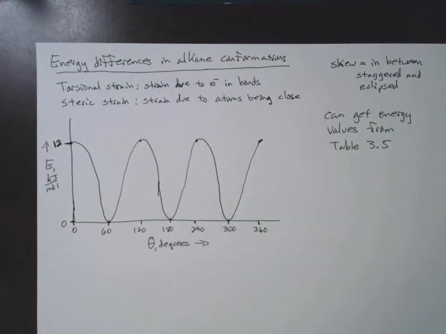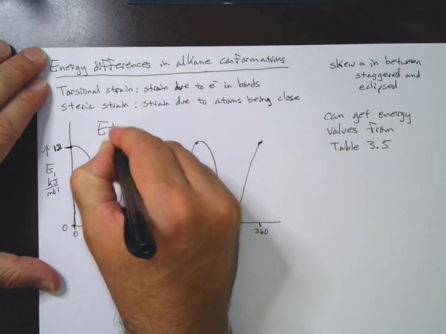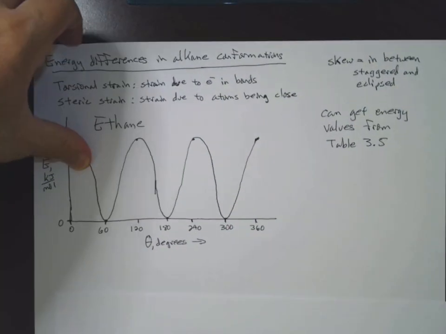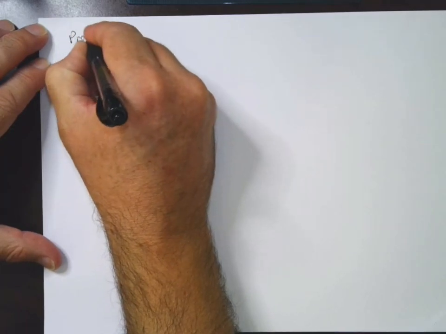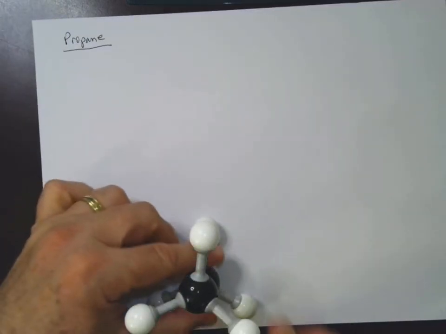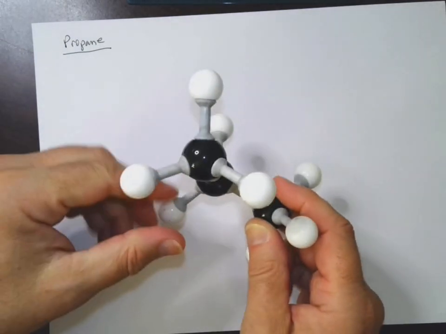All right, so again, this is ethane. Let's take a look at propane next. I'll go ahead and take a hydrogen off and put a methyl group on.